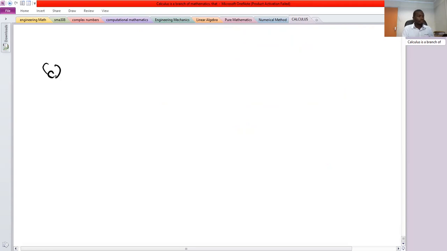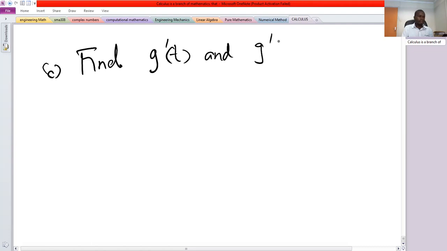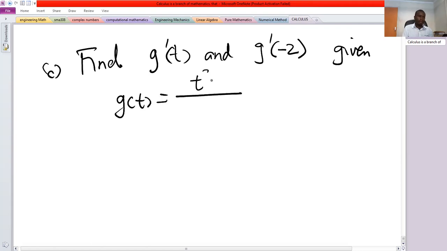Problem C, find g prime of t and g prime when t is minus 2, given that g of t is a function (t squared plus 1) over (t squared minus 1).